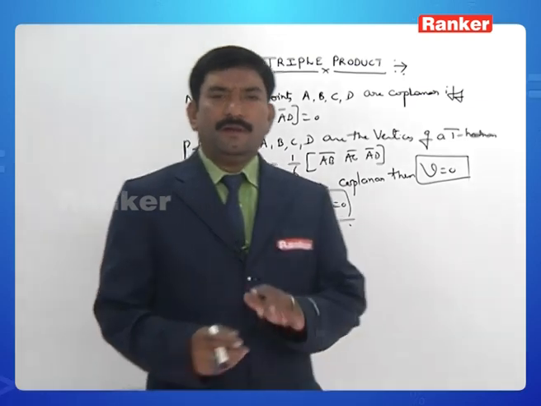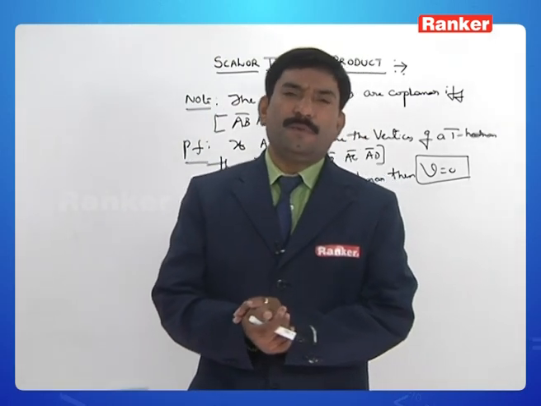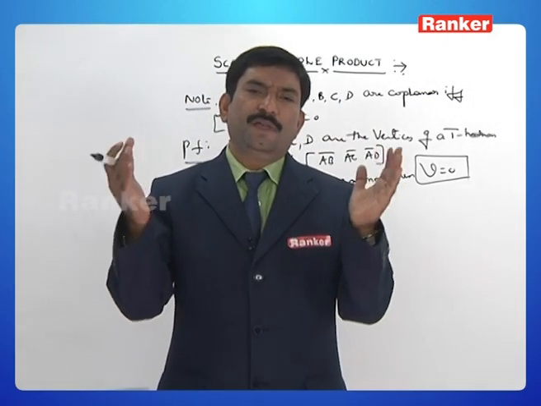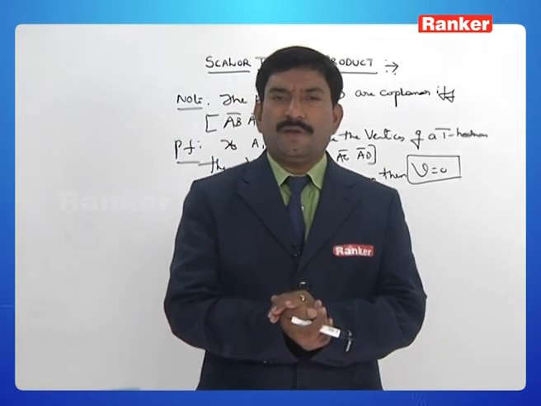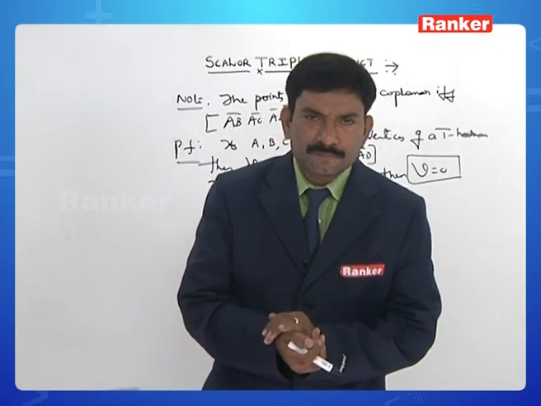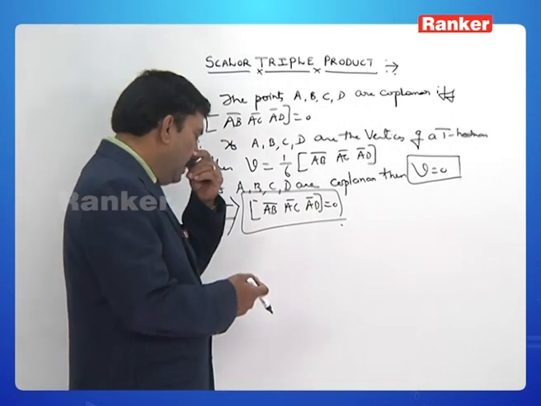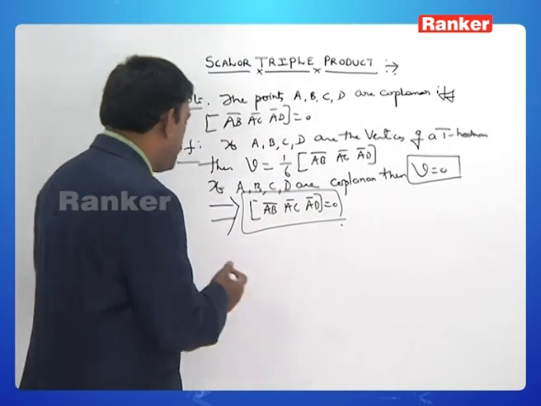Remember, hereafter if you want to prove that any 4 points are coplanar, box of AB bar, AC bar, AD bar is equal to 0. Now, let us give one example for this.